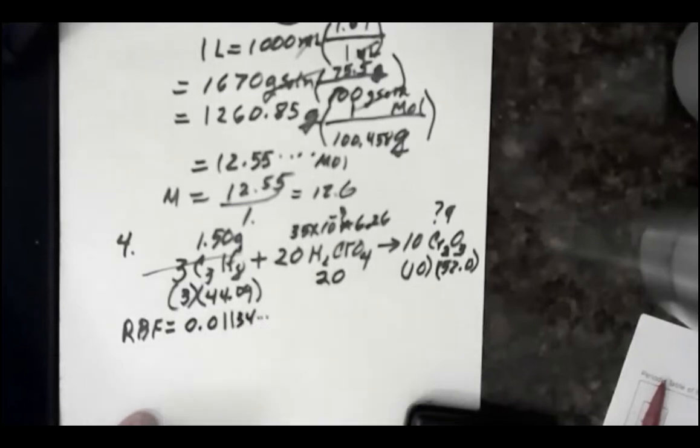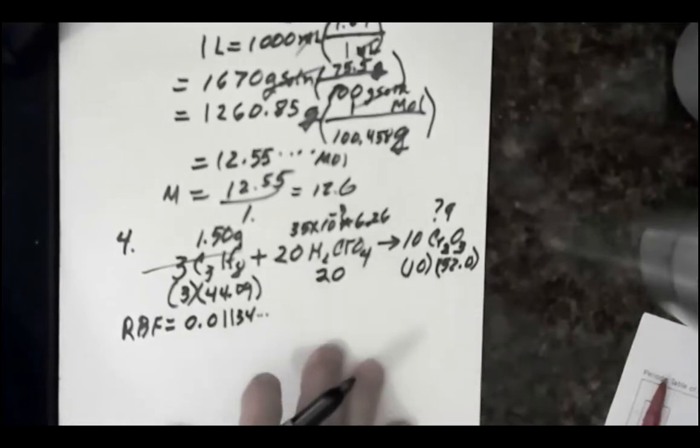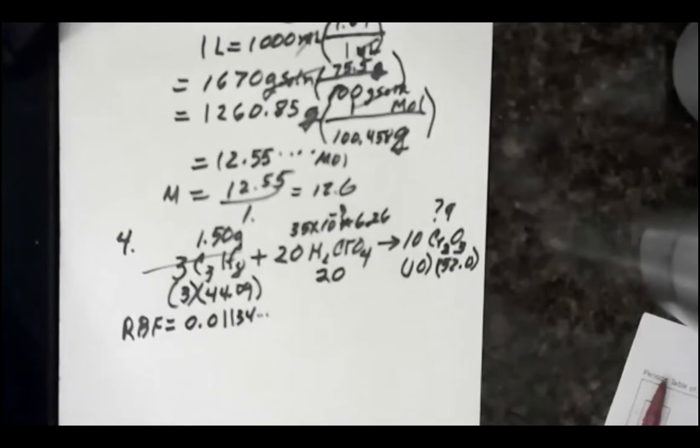It's important, don't round off rebalancing factors. Like I said, I'll keep it on the screen and reuse it rather than try to recopy it. You saw what I'm doing, I copy things down. Okay, so 35 times 10 to the negative 3, that's 35 milliliters times 6.26.